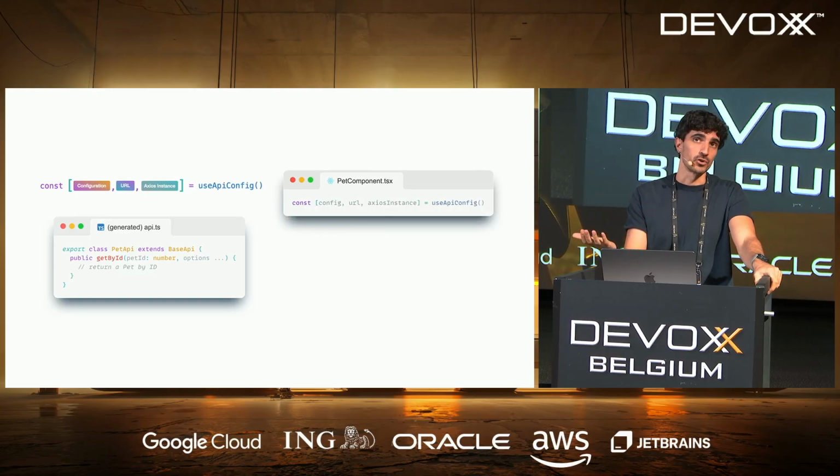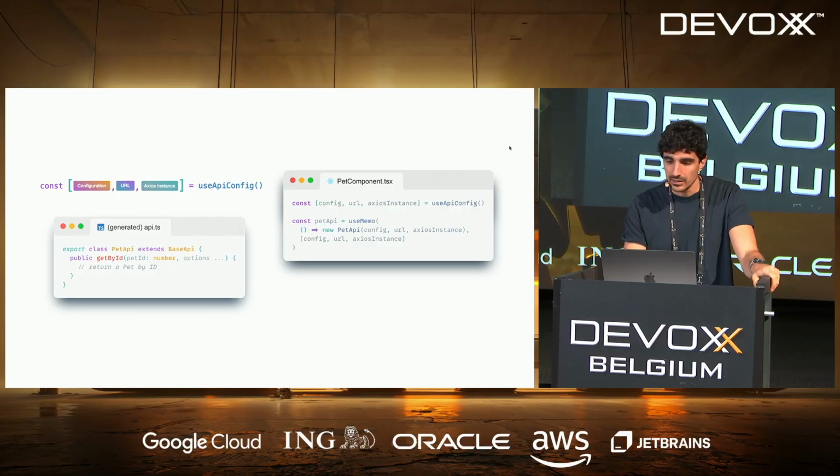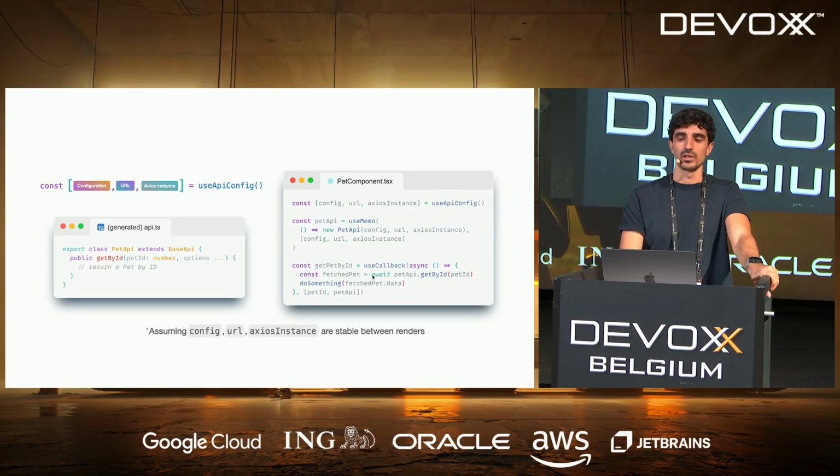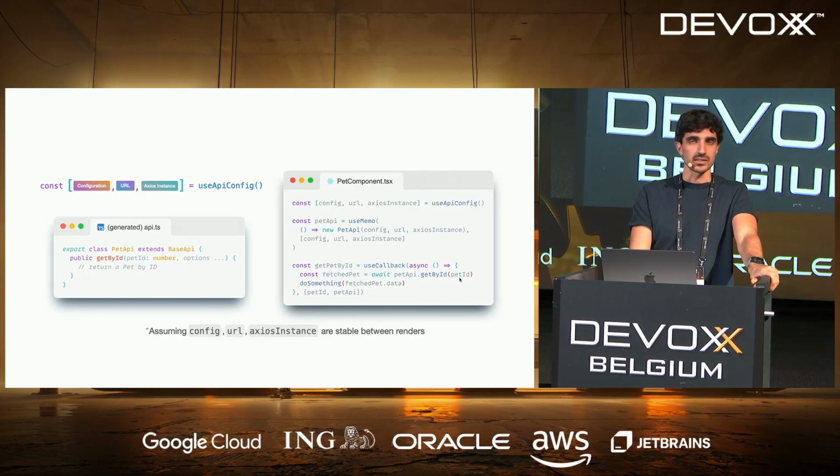So first of all, we use the hook to retrieve these objects. Later, we instantiate a new instance of pet API, passing in the constructor what we basically have available here. And later we can use it, for example, awaiting the result of getById with custom arguments that are defined somewhere else in the component.